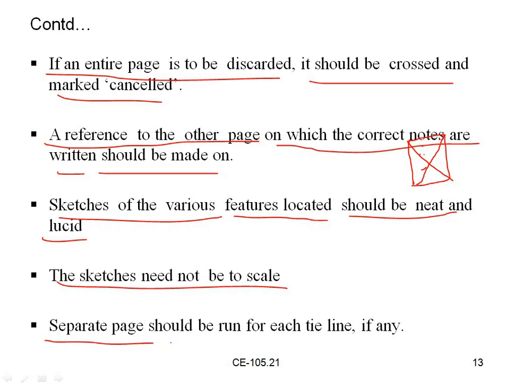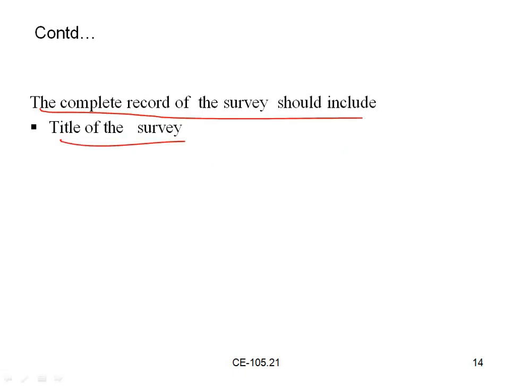A separate page should be used for each tie line, if any. So if any other data is there, we have to keep it on a separate page for each tie line. Then the complete record of the survey should include the title of the survey.